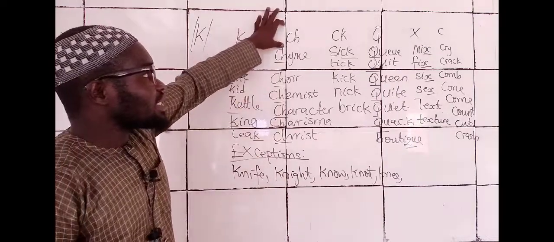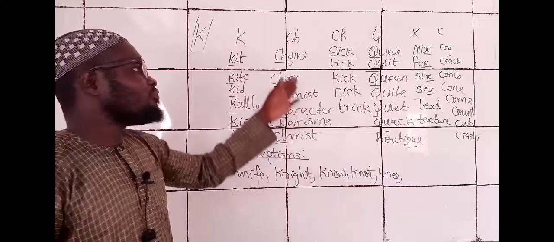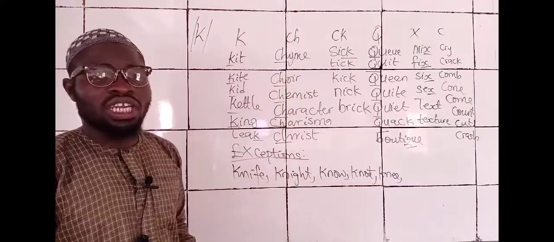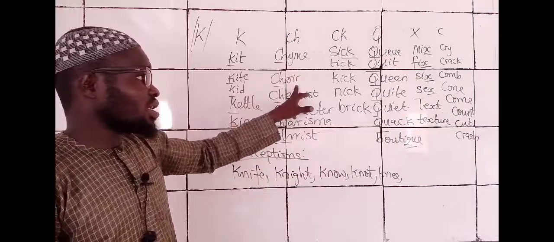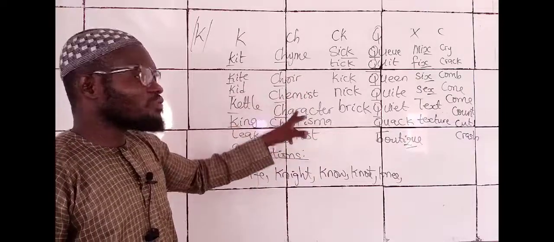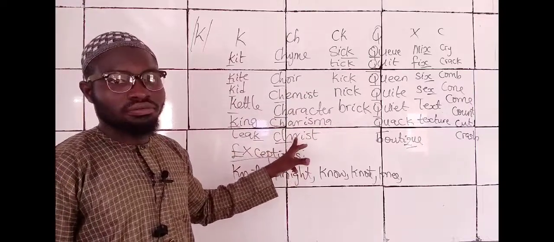Then letters CH can be pronounced in so many ways, but in the following words they should be realized as k, for example, we have chime, choir, chemist, character, charisma, and Christ.